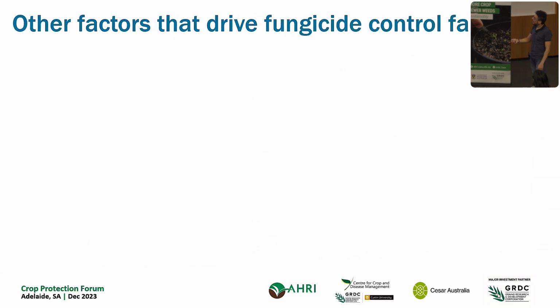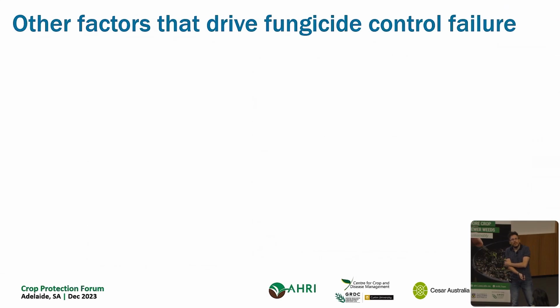But actually using fungicides is not the only factor that contributes to resistance. It's actually one of the lesser factors that contributes to fungicide failure. When a fungicide doesn't work in the field, normally we talk about fungicide resistance, but in only a small fraction of the cases is fungicide resistance responsible for that, okay?